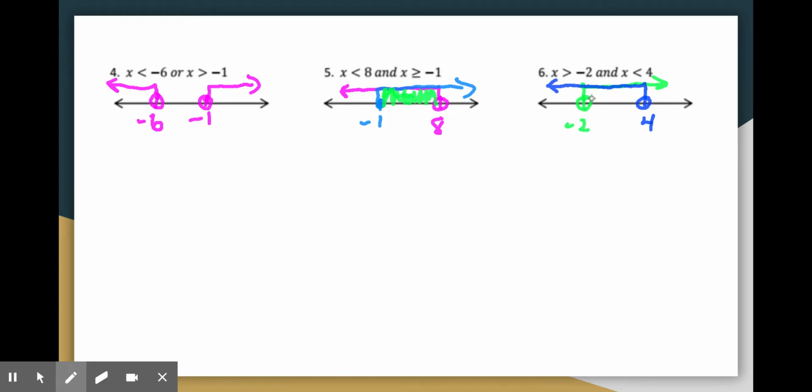And what we have is our solutions lie in between. Okay? Our solutions lie in between. All right? So that's how you would graph a compound inequality. All right, let's see what else we have in store.